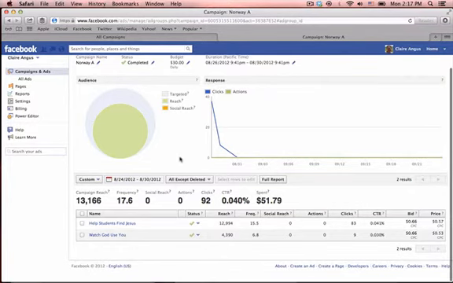So if you come down to the bottom, this is where I'll walk through a few of the more specific things that happened for these two ads. And like I mentioned up above here, in terms of reach, these two campaigns together reached 13,000 people with a frequency of almost 18.